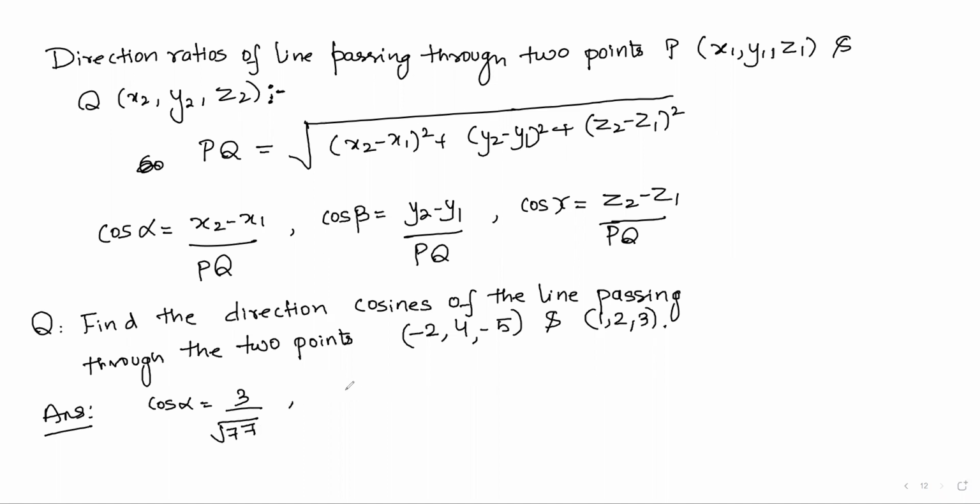Very good. Cos beta, or I can say m, is equal to minus 2 by root 77. Very good. And n is equal to 8 by root 77. Very, very good. So Abdur has done this, Aman has completed this. Rifat, what's the answer for this?